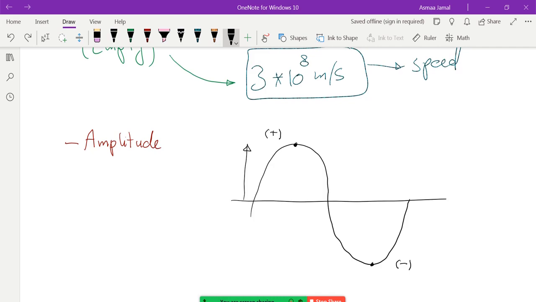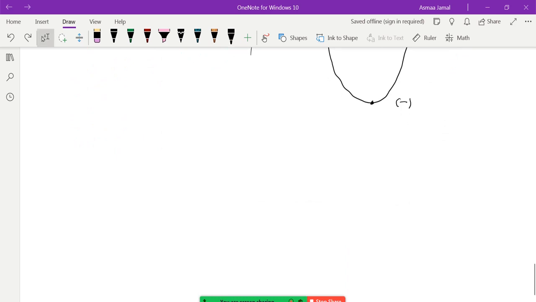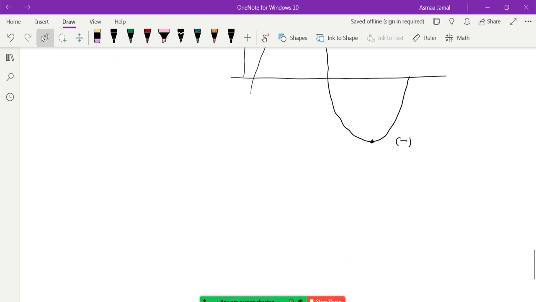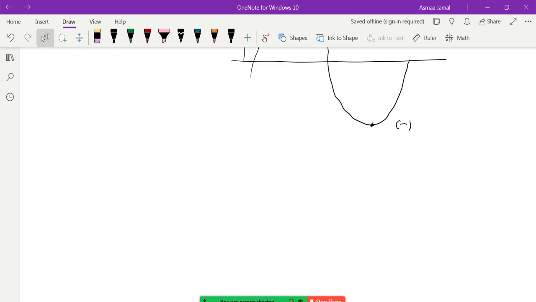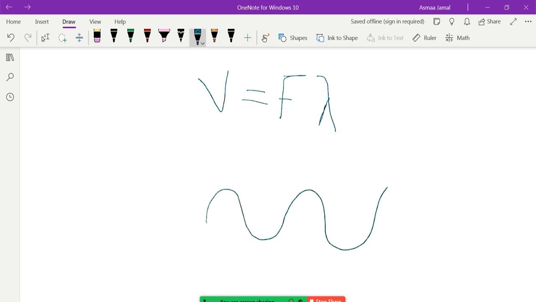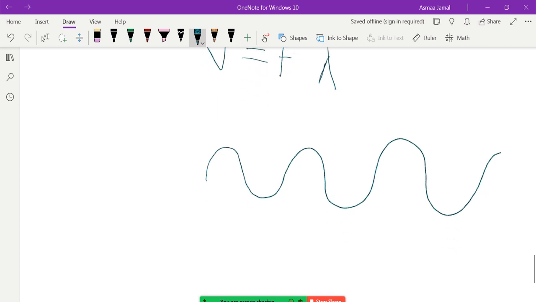The velocity, frequency, and wavelength are related by this equation. Velocity equals the frequency multiplied by the wavelength. The frequency and wavelength are inversely proportional, which means when the wavelength increases, the frequency decreases, and vice versa.